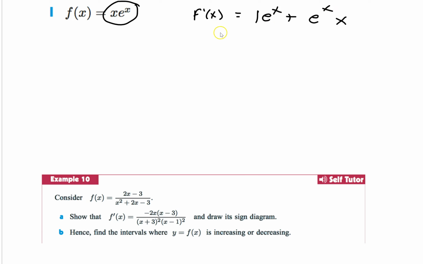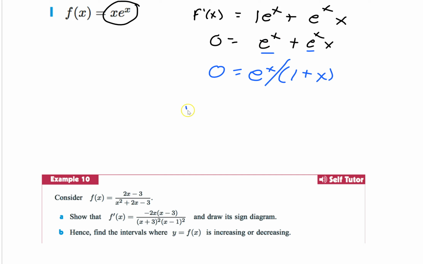So let's try to solve it. Set equal to 0. The way I solve this is, you have to notice they both have an e to the x. Let's factor. You get 0 equals e to the x times 1 plus x, because you took the e out, still a 1.